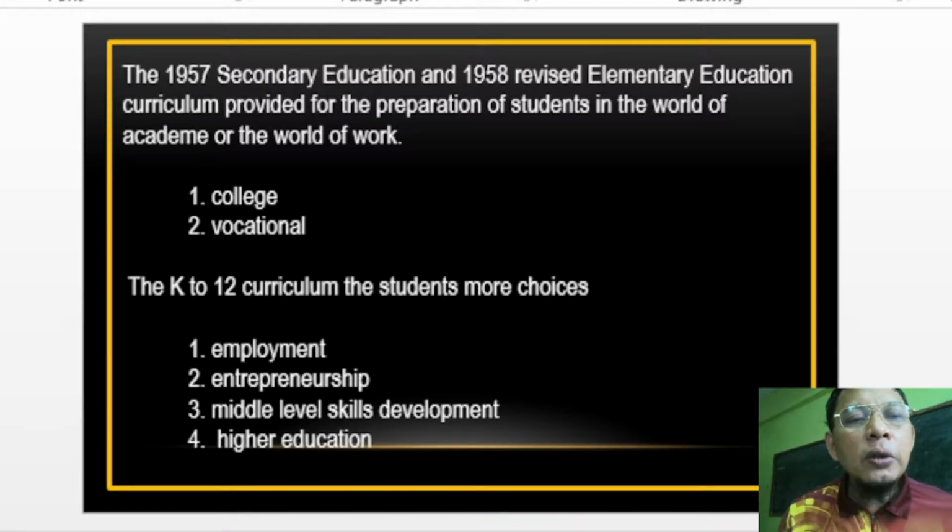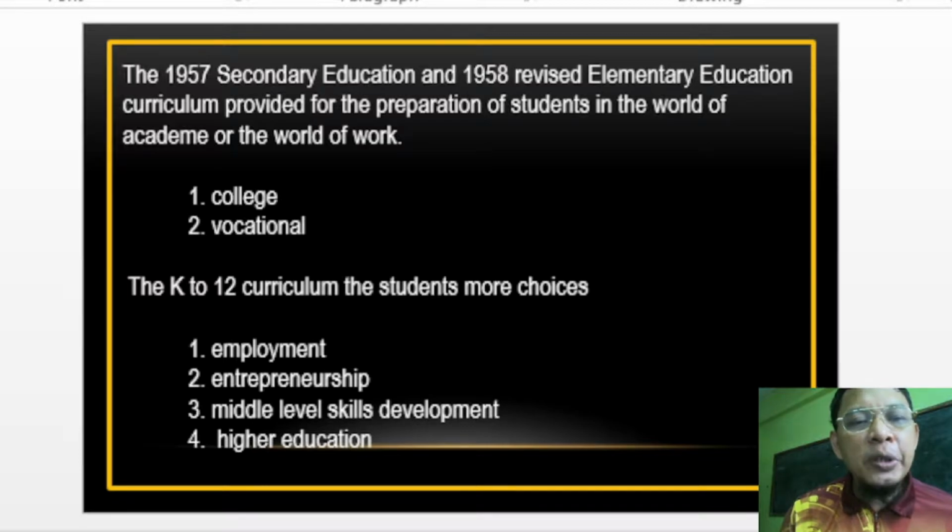In the old curriculum, you have two choices: college and tertiary, or vocational, like TESDA or the secretarial, two-year courses before. Then in K-12, after you graduate from senior high school, you can go into employment, although not really, since senior high school graduates are seldom hired compared to college graduates.